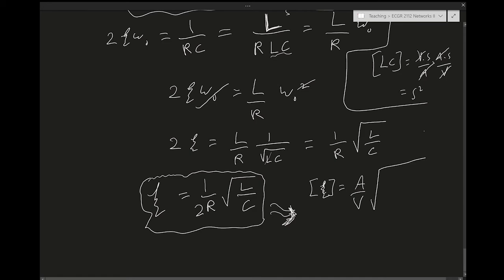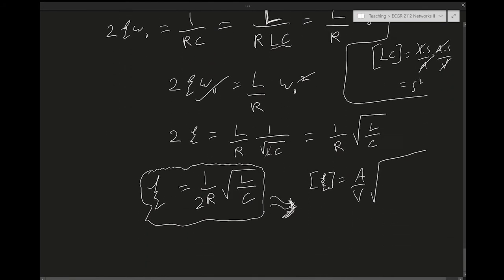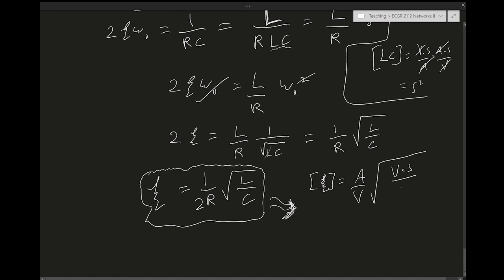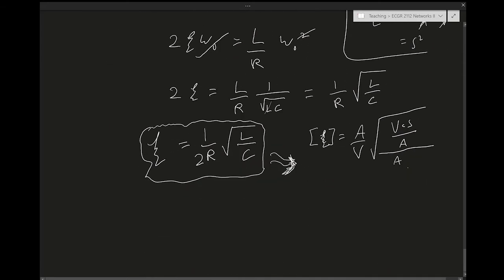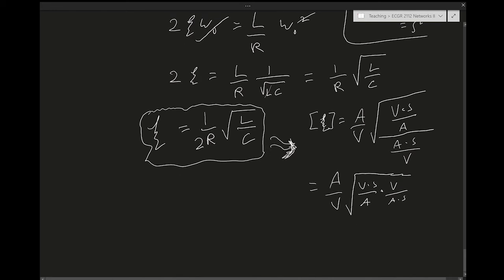Square root, what's the unit of L? The unit of L is volt second over amp, divided by the unit of C, which is amp second over volt. Let me rewrite this: amp over volt, square root of volt second over amp times, I invert this when I take it to the numerator, so this becomes volt over amp second.